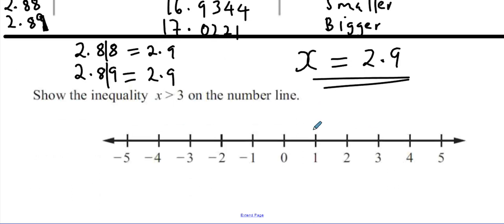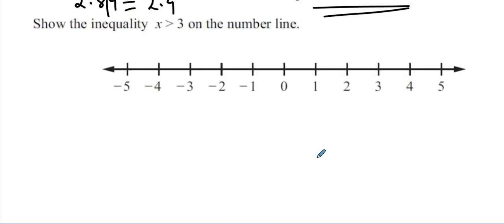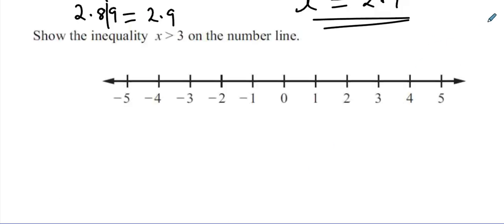Alright, let us proceed. Show this inequality on the number line. We have this inequality here, x is bigger than 3. So we are looking for the numbers which are all the way bigger than 3 on the number line. Now the starting point will be at number 3 itself, and this symbol suggests an open circle.